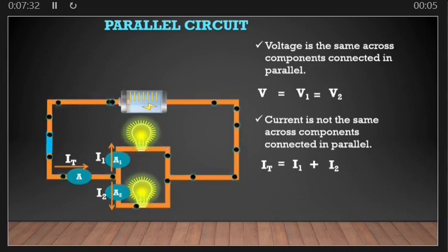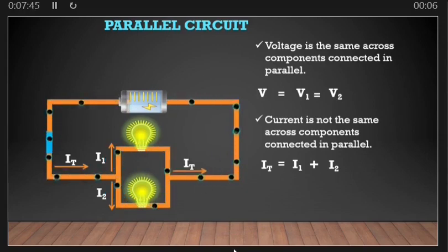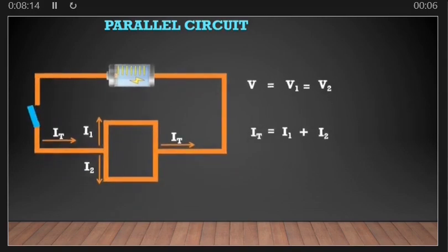So let's see how we can derive a formula for calculating total resistance for a parallel circuit. Let's say the resistance offered by electric bulb 1 is R1, and the resistance offered by electric bulb 2 is R2, or resistor 2. Then we are going to have a situation like this.